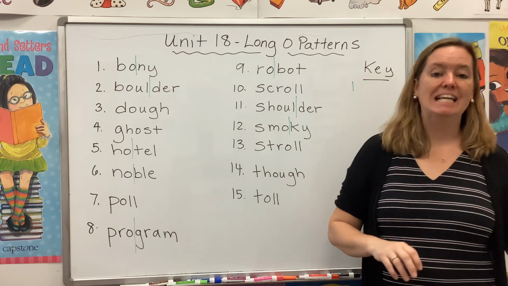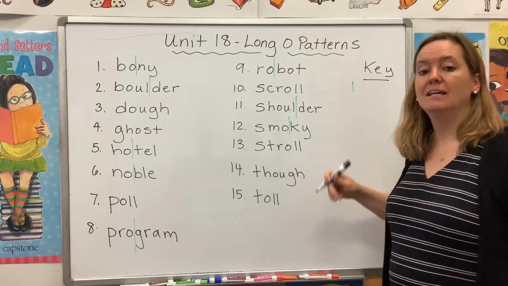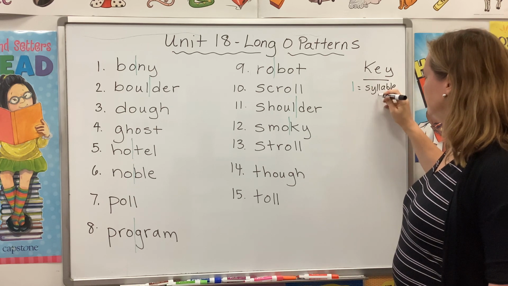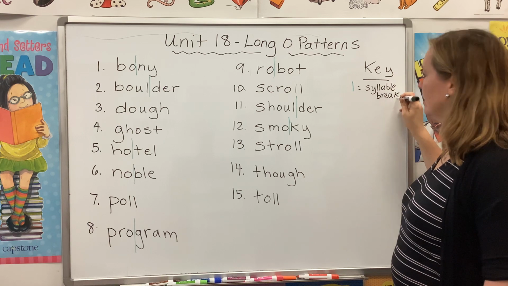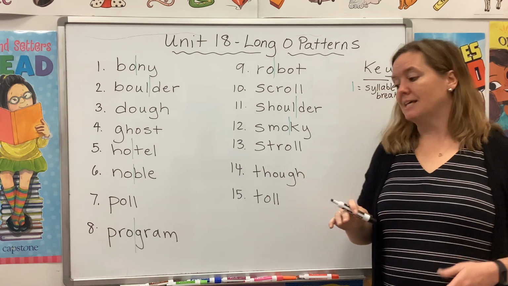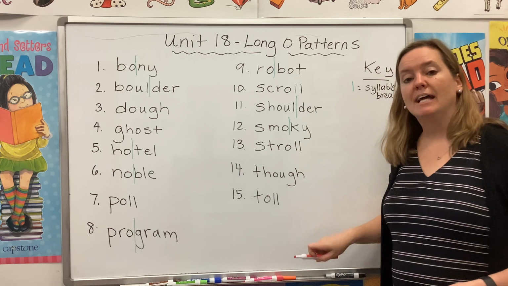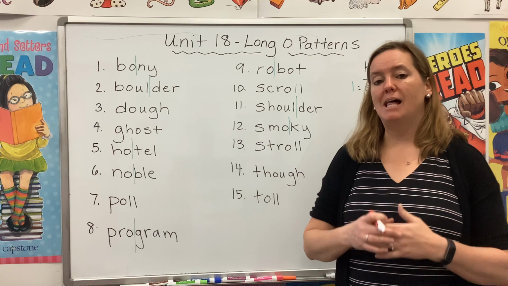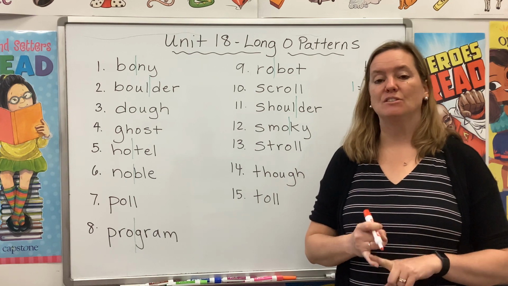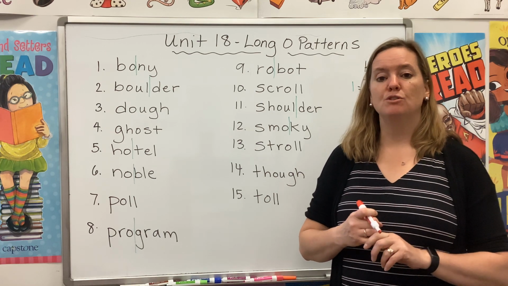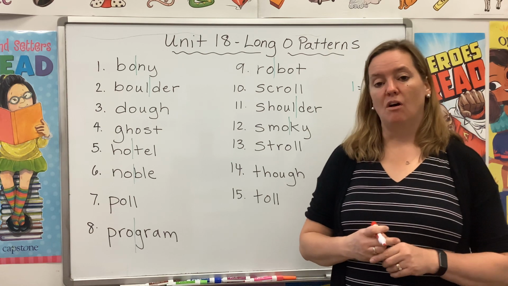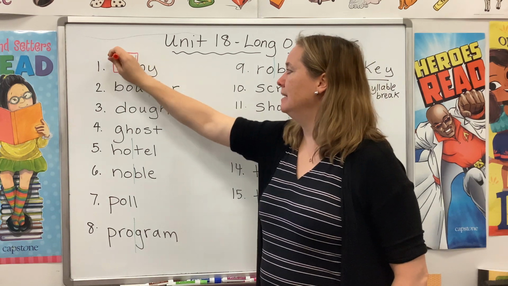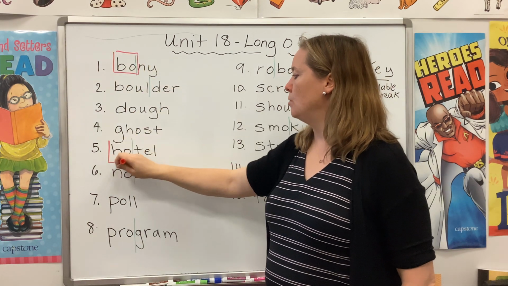So in my key, that green vertical line represents a syllable break. Okay. Now, as soon as I break my words into syllables, I start noticing open syllables. Remember, when a syllable ends with one vowel on its own, it's probably going to be a long vowel, and we call that an open syllable. So we see that in bony and hotel.